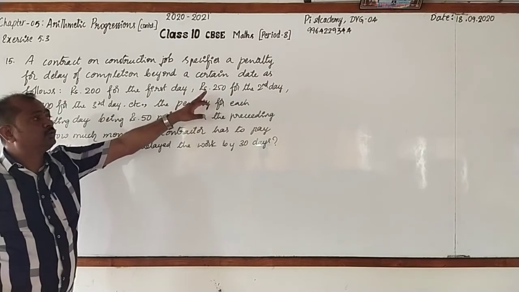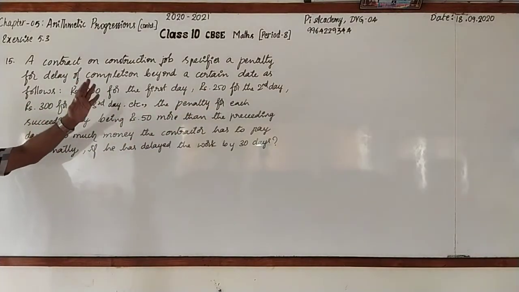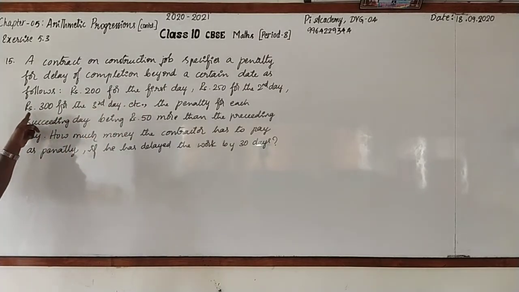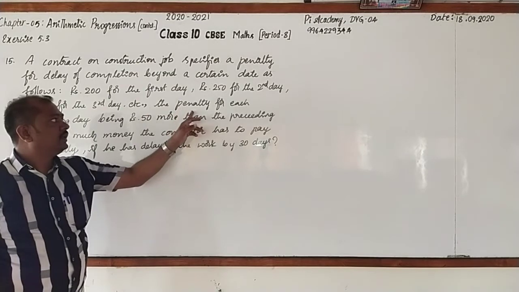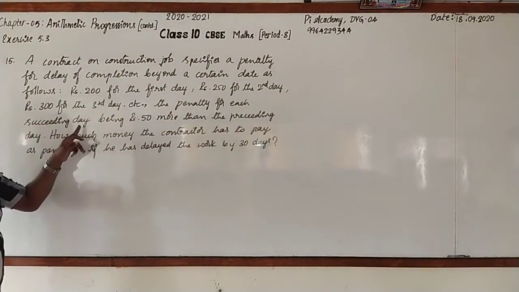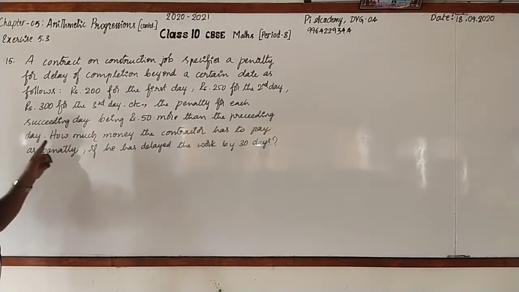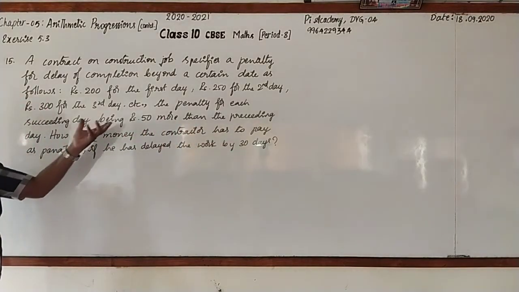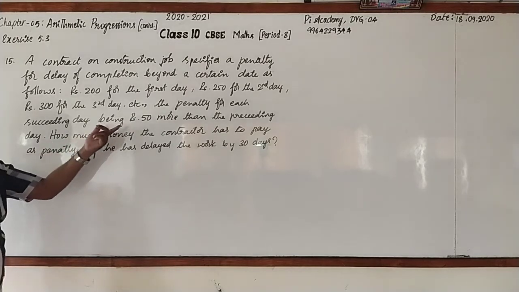Then rupees 250 for the second day, not for 2 days. It is the second day. And rupees 300 for the third day. Like this, it continues. The penalty for each succeeding day being rupees 50 more than the preceding day, right?